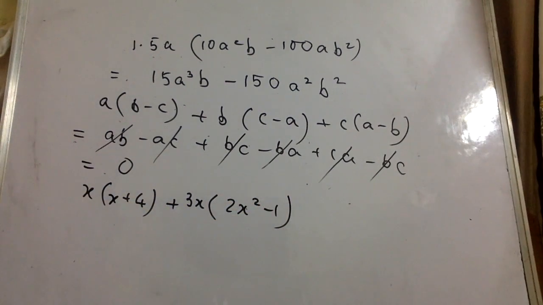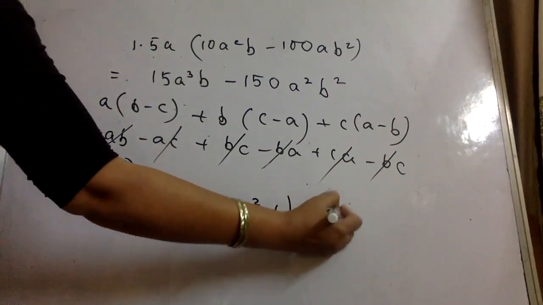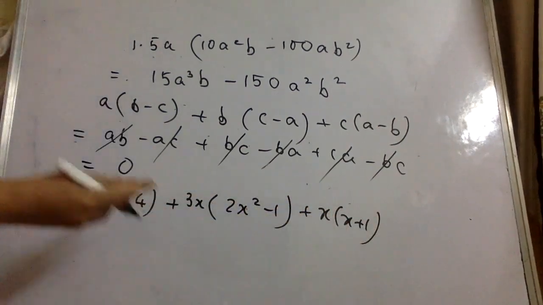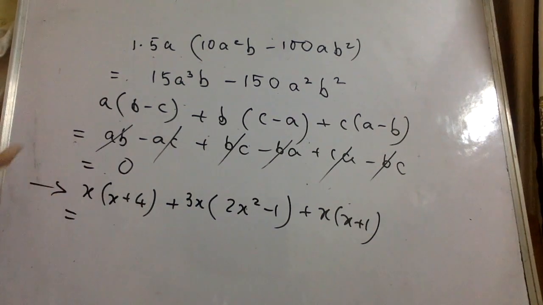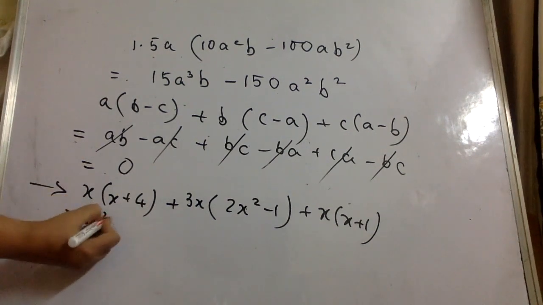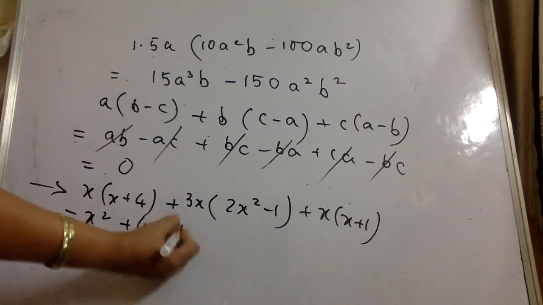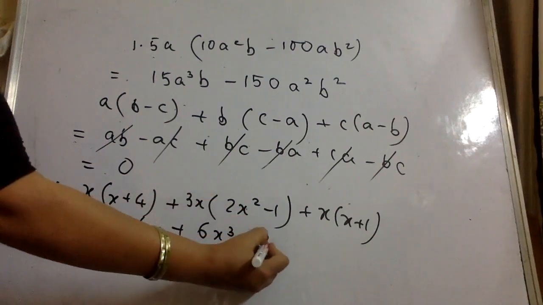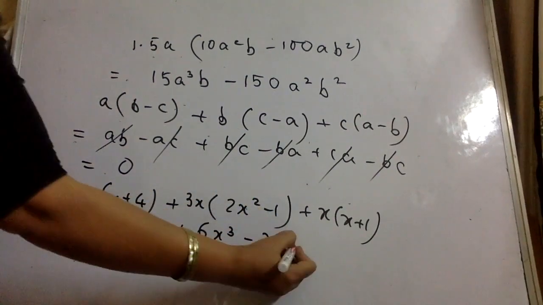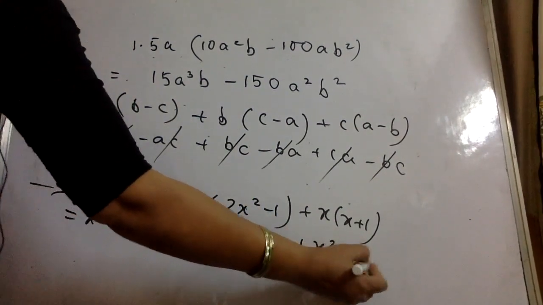Now see how the terms are changing, plus x plus 1, plus x and a x plus 1. Now this is my next sum. Again binomial with monomial, x square plus 4x plus 3 into 2, 6, x cube, 3x, plus x square plus x.